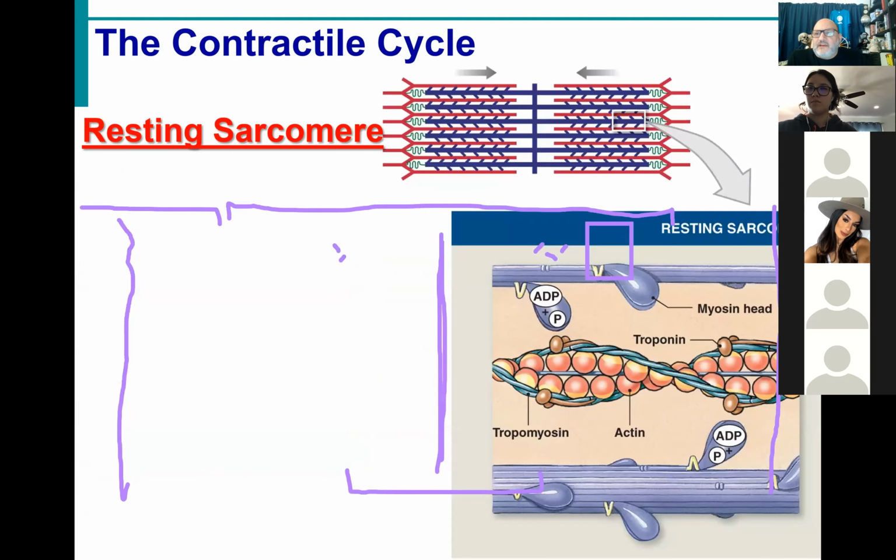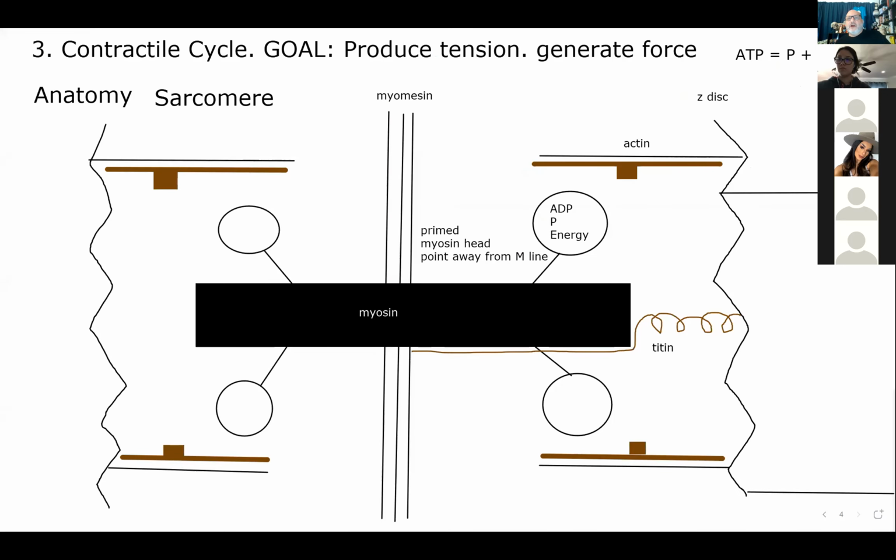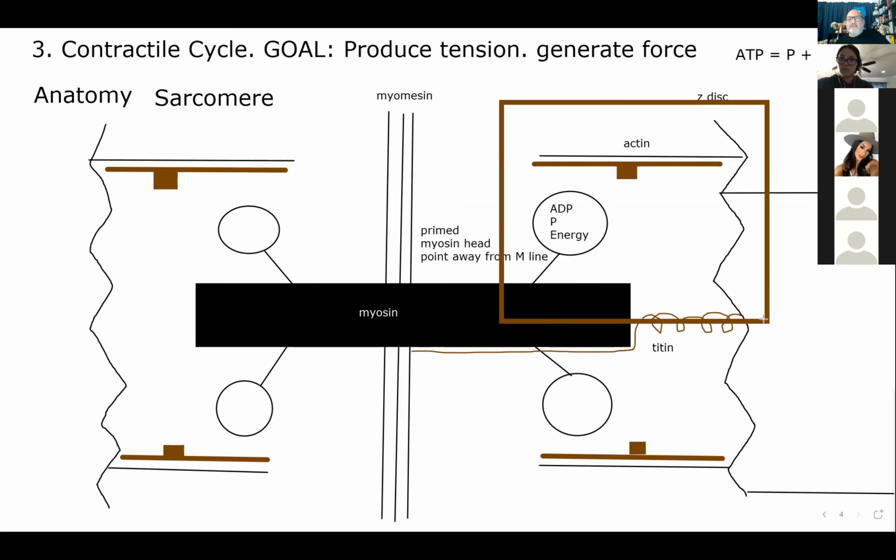So notice as we look at this here, there's our actin, our troponin and our tropomyosin, and here is our myosin. So this is our starting point, our resting point, and that is where we want to start. But to make things a little simpler for myself, we are just going to grab this and look at that. So let's go ahead and do that.